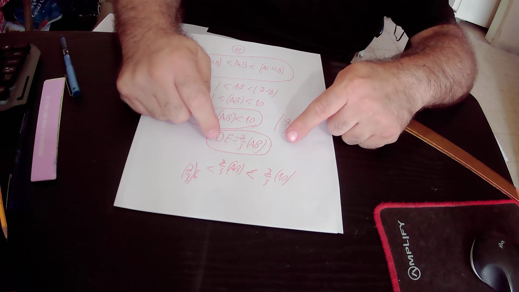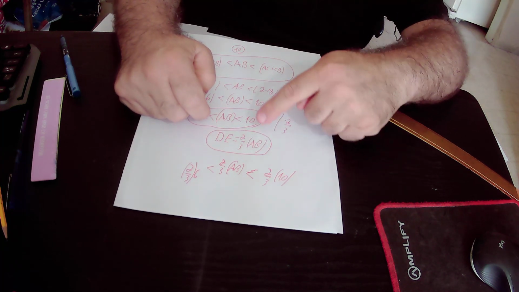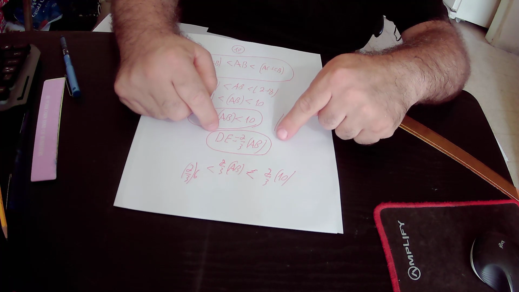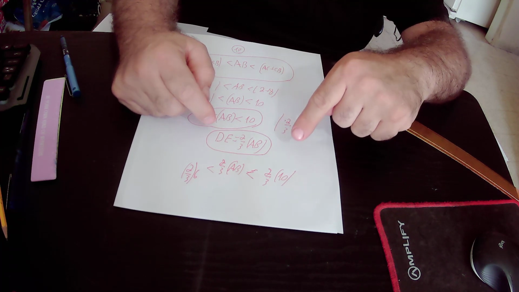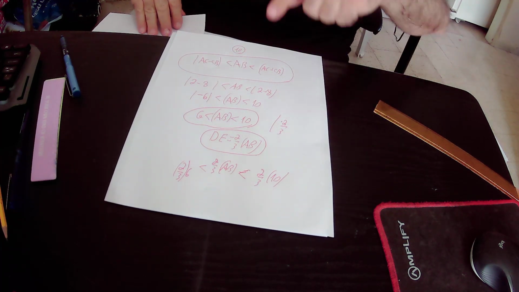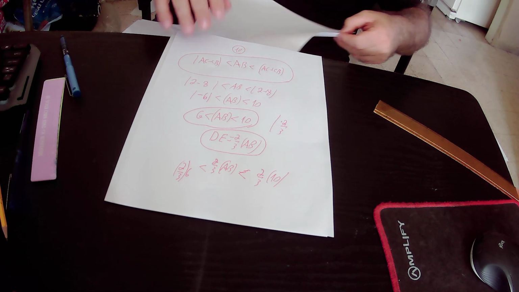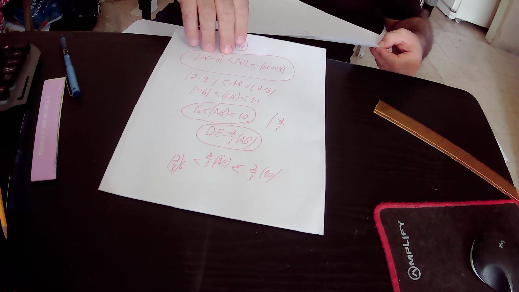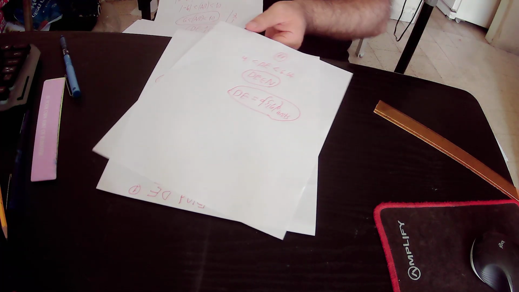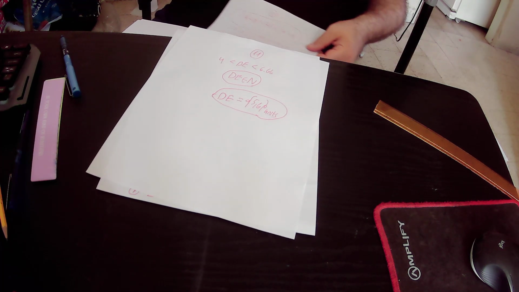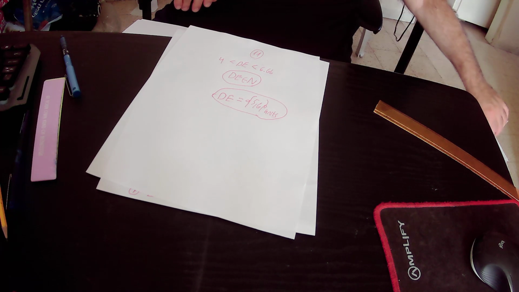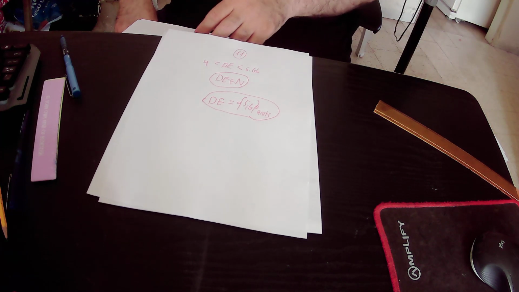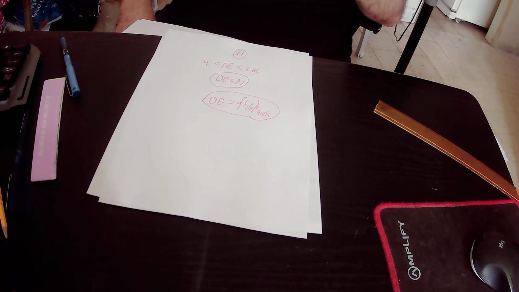Therefore we can substitute 2/3 AB by DE, because DE equals 2/3 AB. So we substituted 2/3 AB by DE, and we got that DE is greater than 4 and it is smaller than 6.66.